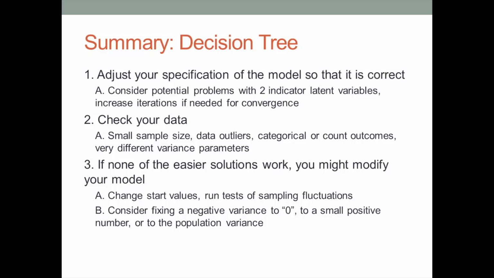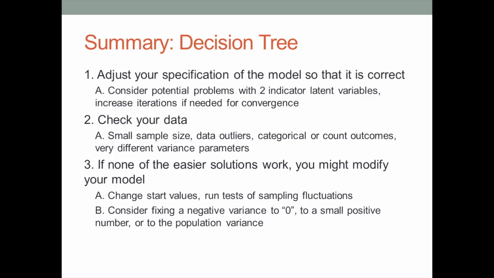I don't think I talked about that much today, but sometimes you have a variable that has a variance that's small. Let's say you have a range of 1 to 5 in one of your variables in your model, and another variable like income has a range of 0 to 200,000. So you can see that the variance parameters aren't going to match on these, and sometimes that causes a problem. And so you might want to rescale your income variable.